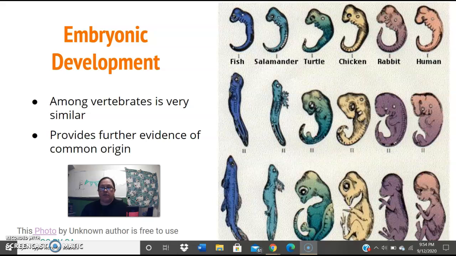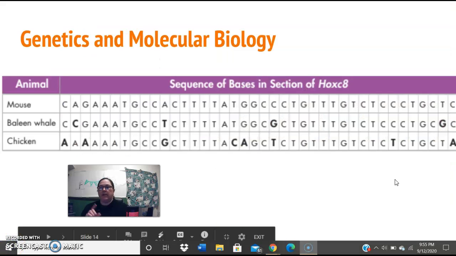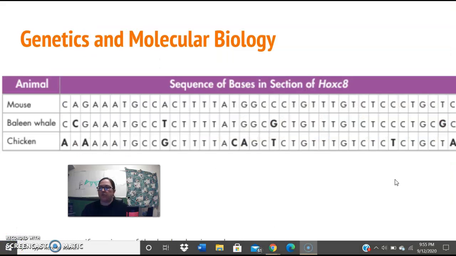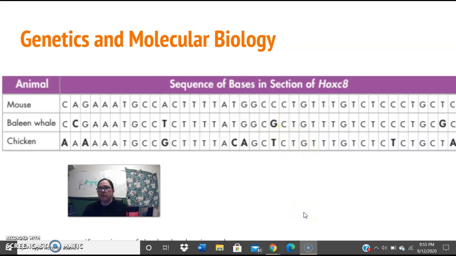Even embryonic development among vertebrates is very similar, and this provides further evidence of a common origin. All right, DNA analysis also shows that certain genes have very similar genetic codes. Here are some sequences of some Hox genes that are used in coding of regions of the body plan in embryos.